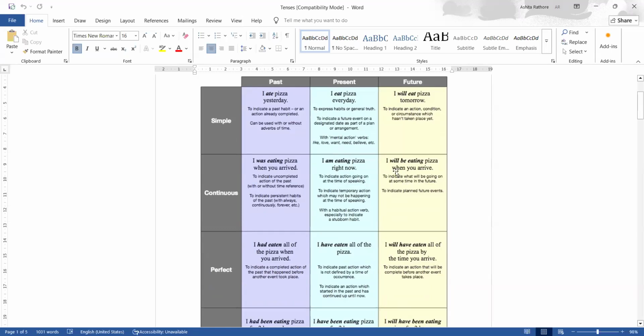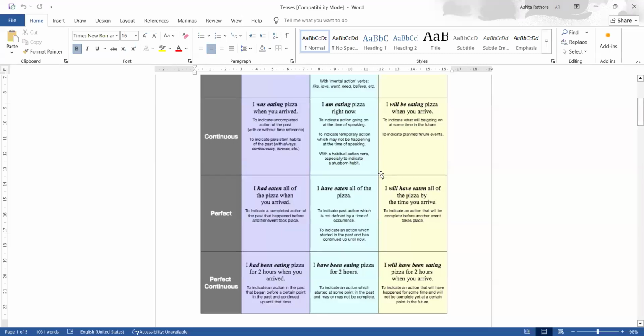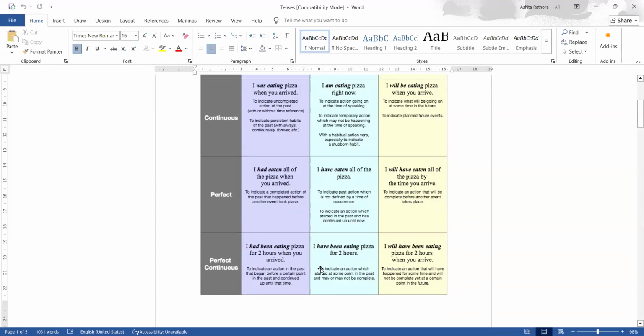Future है तो will be plus ing form. Simple. Then I come to the perfect tense. Perfect tense में आ जाता है verb form 3. So again, had, have, and will have plus third form. And then in the last one, had been, have been, will have been plus ing. That is the basic construction.